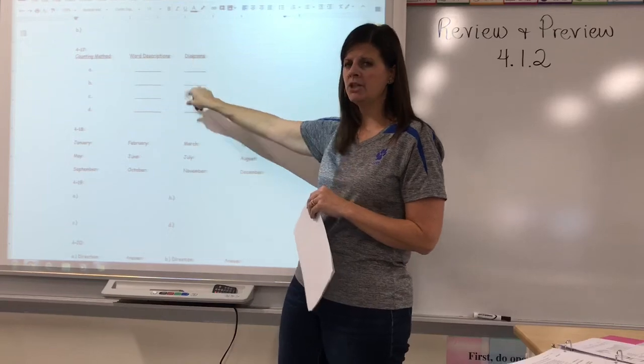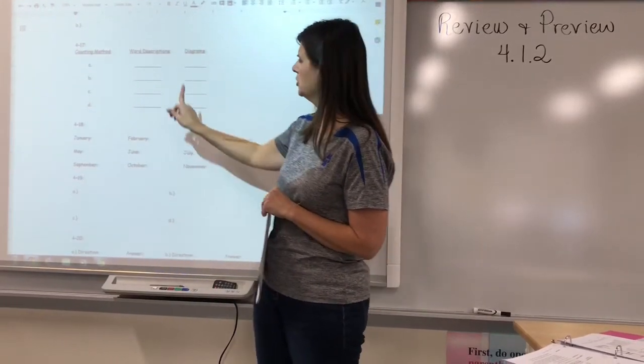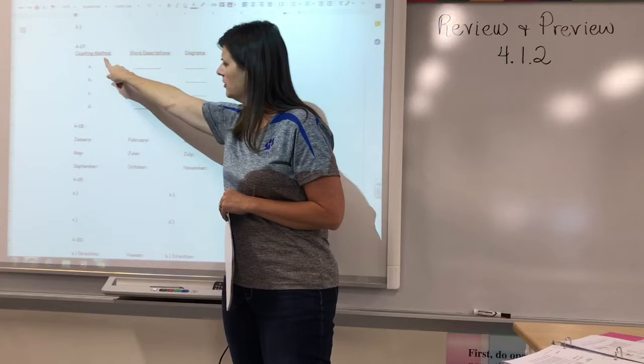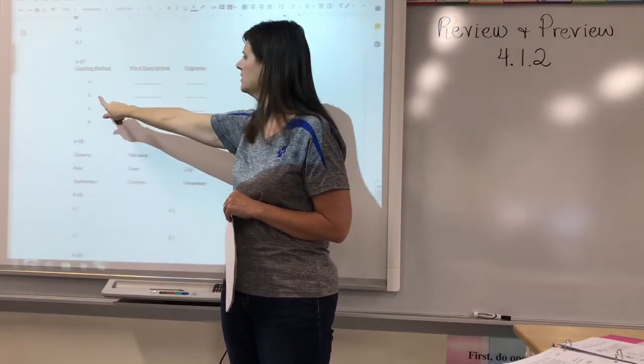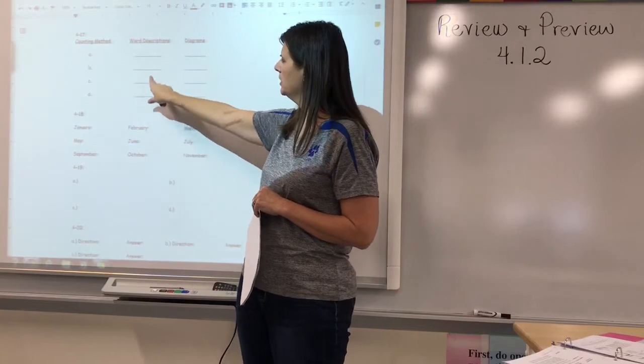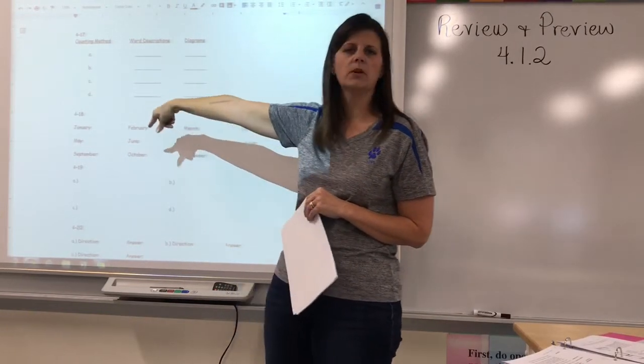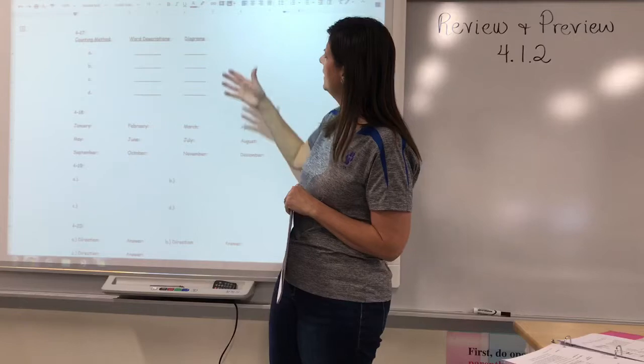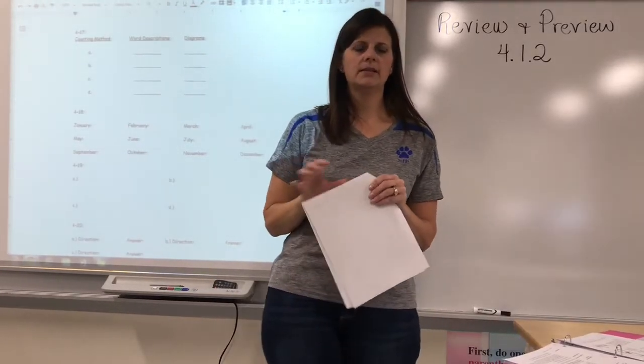So it's a matching situation here, and we have to match 2 different things with our different counting methods over here on the left. So start with your expressions, label which word description, 1, 2, 3, or 4, matches up with them, and then your diagrams, A, B, C, or D.